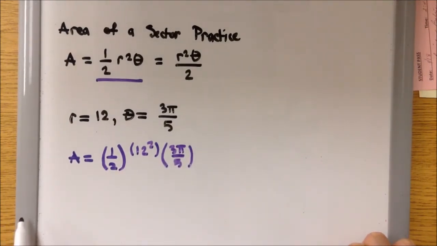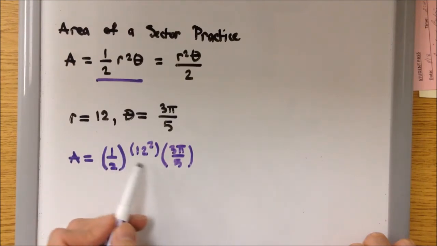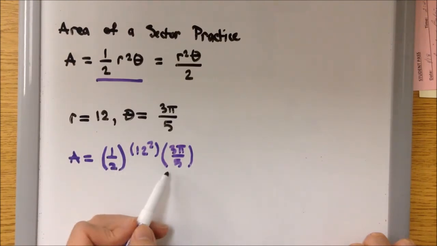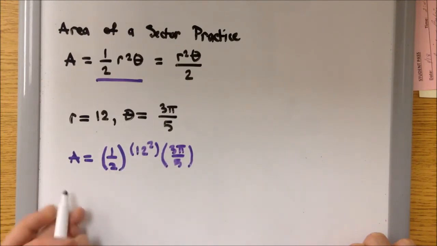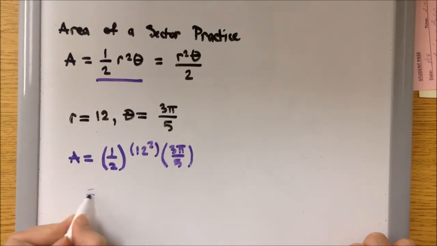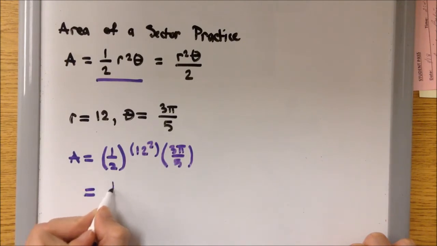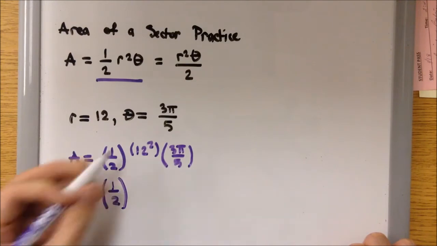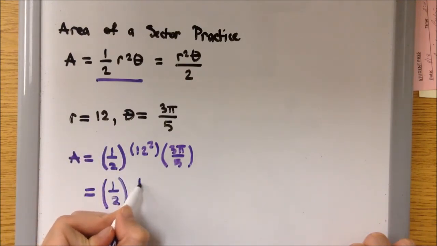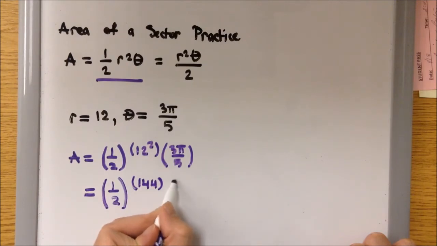So what we're going to do is PEMDAS. Nothing inside the parentheses. Next is the exponent, so we have 12 squared. So we're going to have 1/2, 12 squared is 144, and then 3 pi over 5.